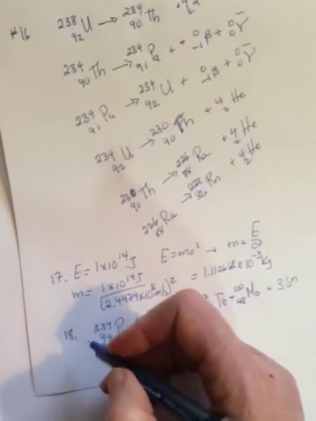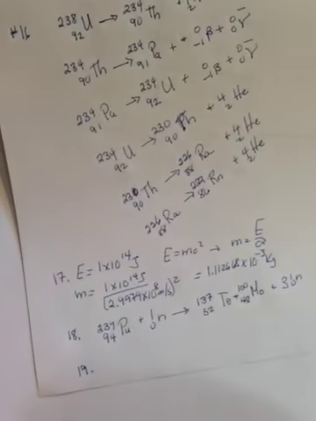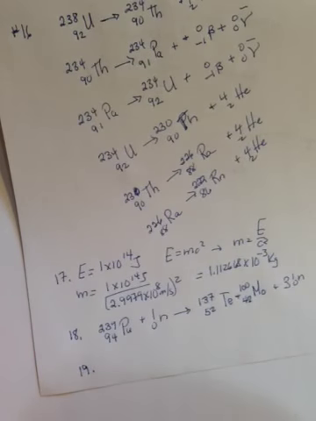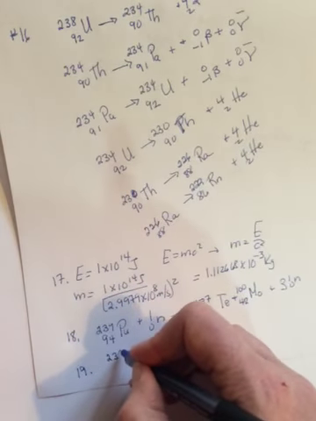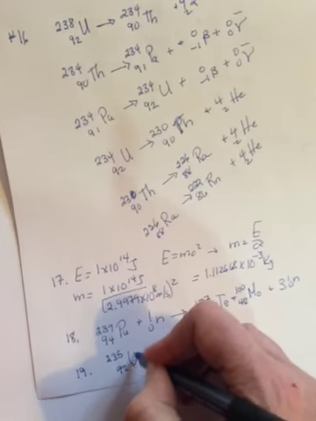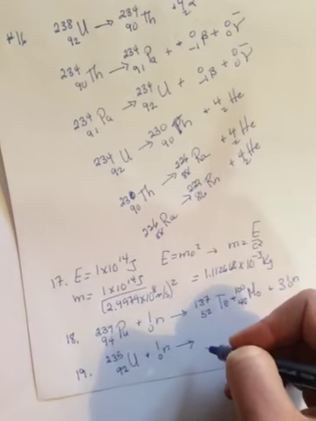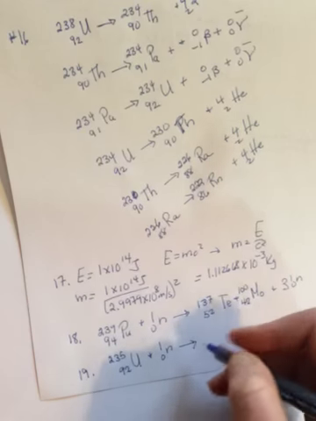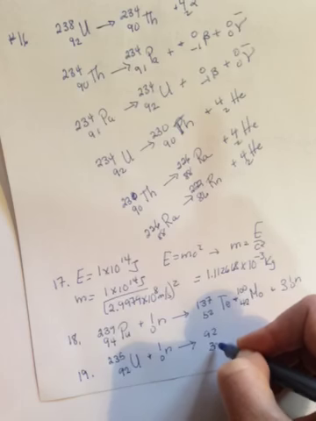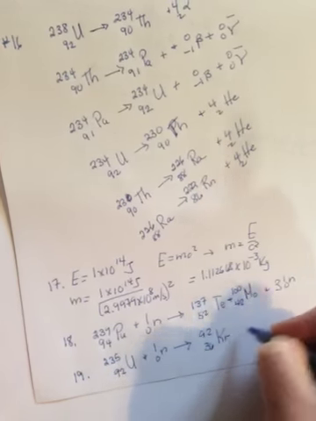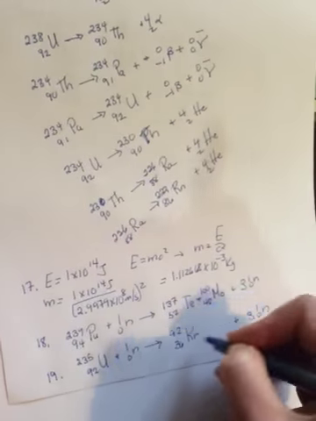All right, I think number 19 is similar, but it's uranium maybe. So uranium-235, 92. Again, you're shooting in a single neutron, and it's telling us that we're getting out krypton, 36 Kr, and we're also getting out 3 neutrons.